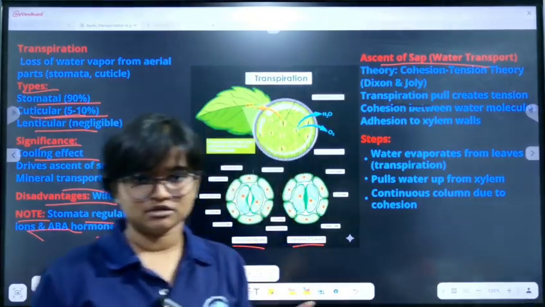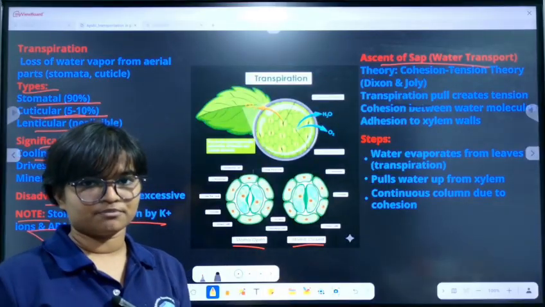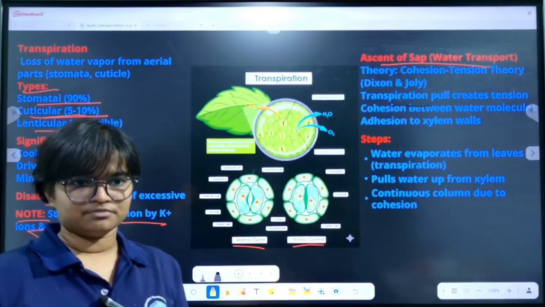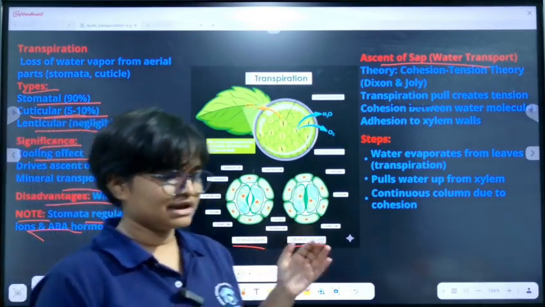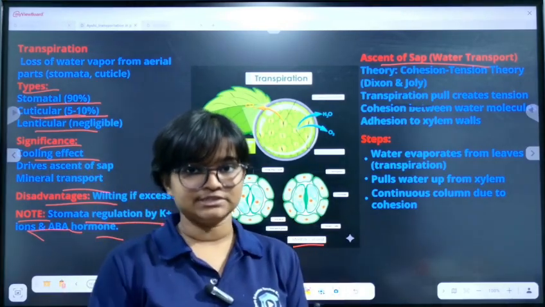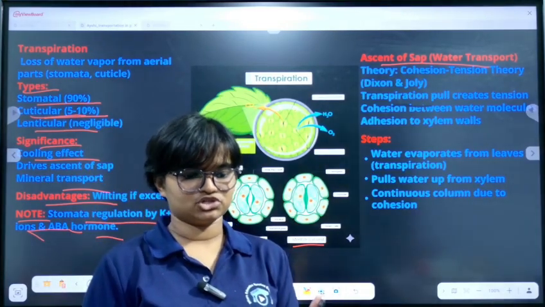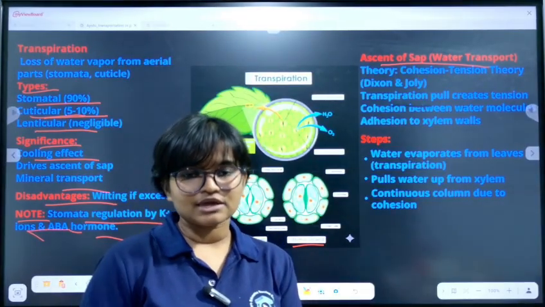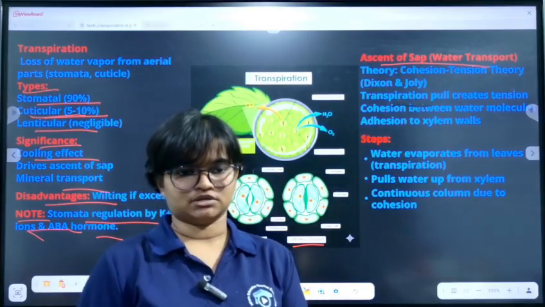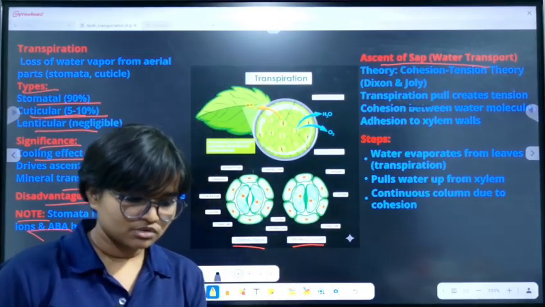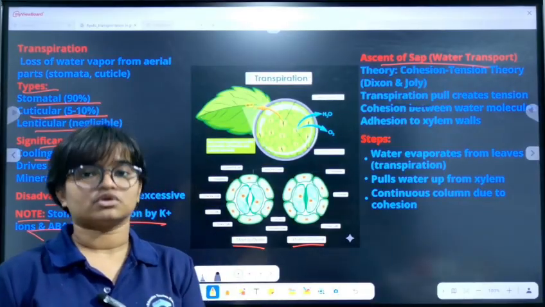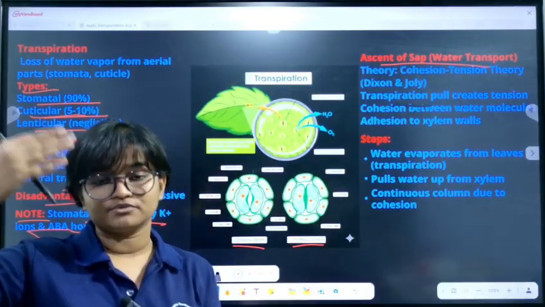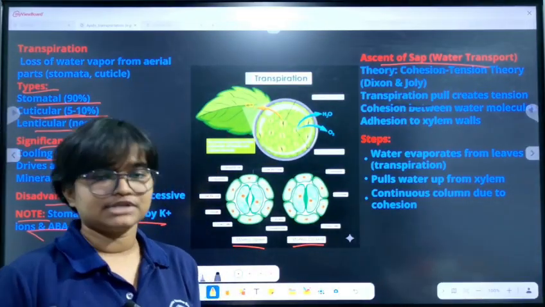When the plant transpires the excess water from the aerial parts, the water decreases during transpiration, and this creates a pull, okay? So the root also absorbs more water so that it can easily flow up the xylem.